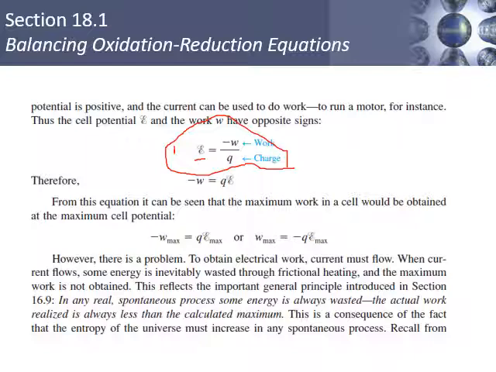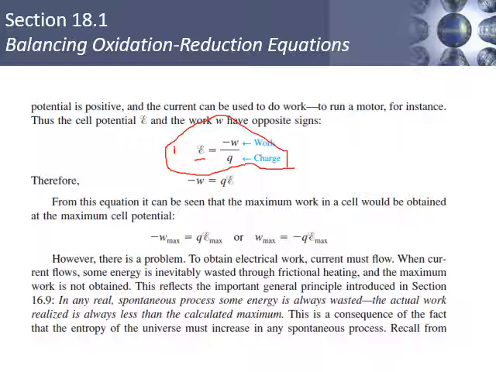But in a real process, we lose some of the energy to friction or heat, which means that we'll never be able to keep that maximum voltage through the whole circuit, so it'll be degraded. If you started off, for example, with 2.5 volts, you might drop down to 2.1. So the real amount of work you could actually get out of that circuit might only be 2.1 times the charge, instead of 2.5 volts times the charge.